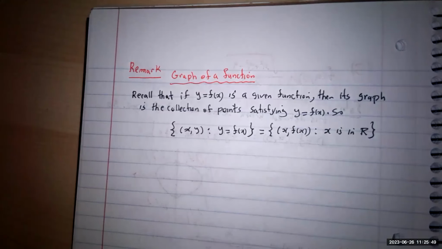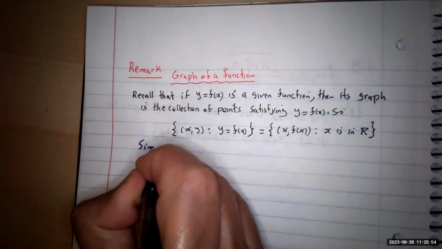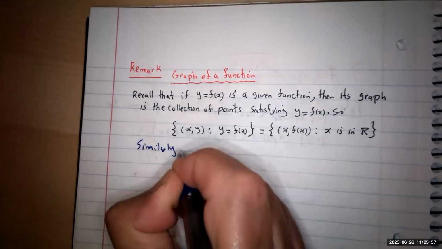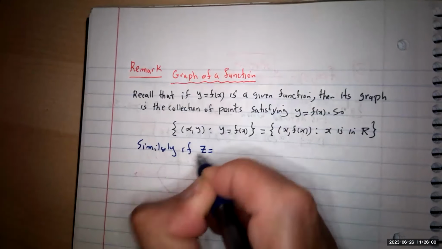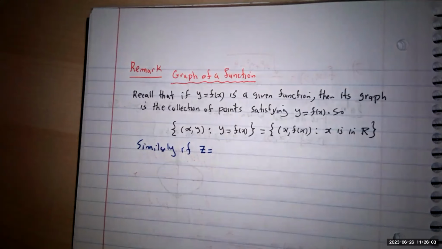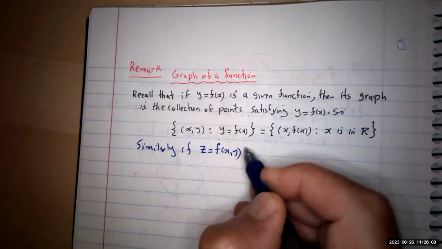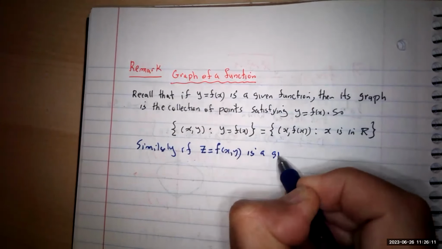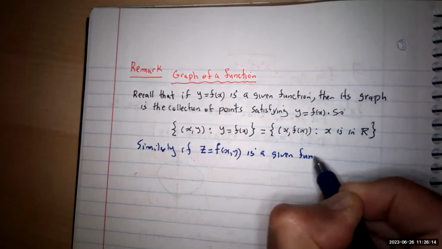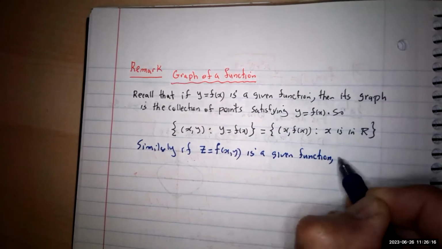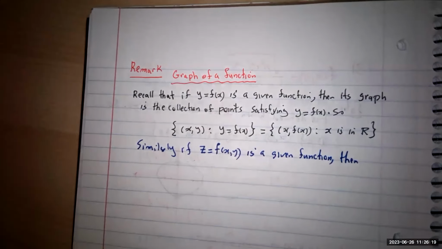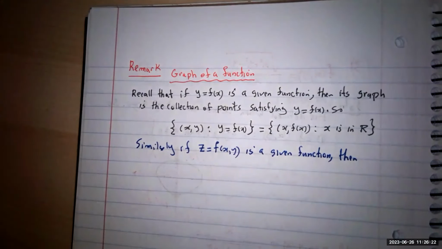So if you have a function of two variables, similarly, if z equal to f of x comma y is a given function, then you are going to have what?